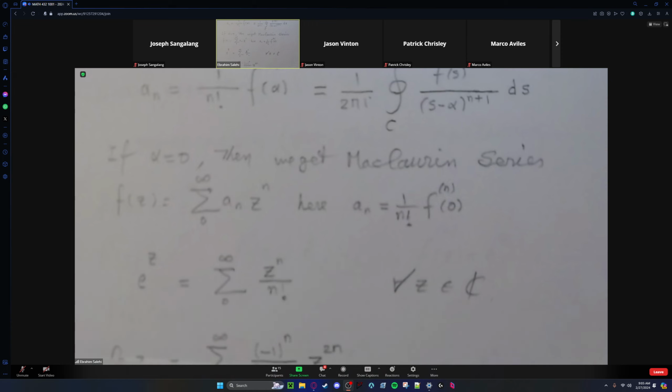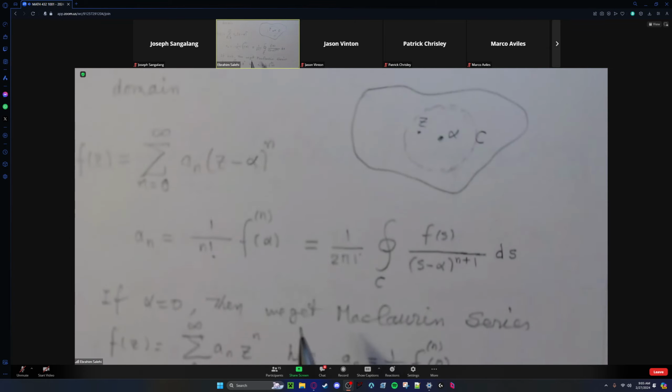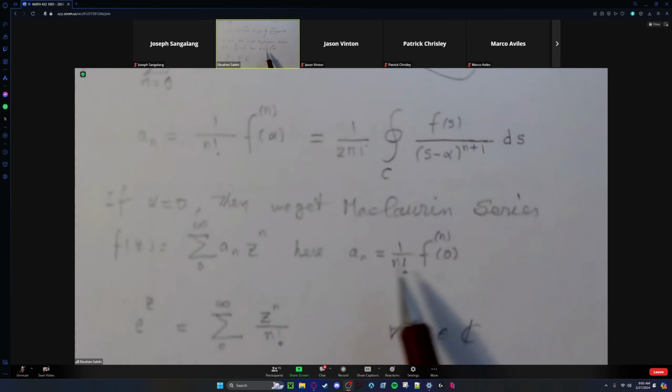We do the same thing for cosine. If we go through this coefficient, the nth derivative evaluated at 0, right? Here I'm writing the Maclaurin series. This is going to be the coefficient, okay?